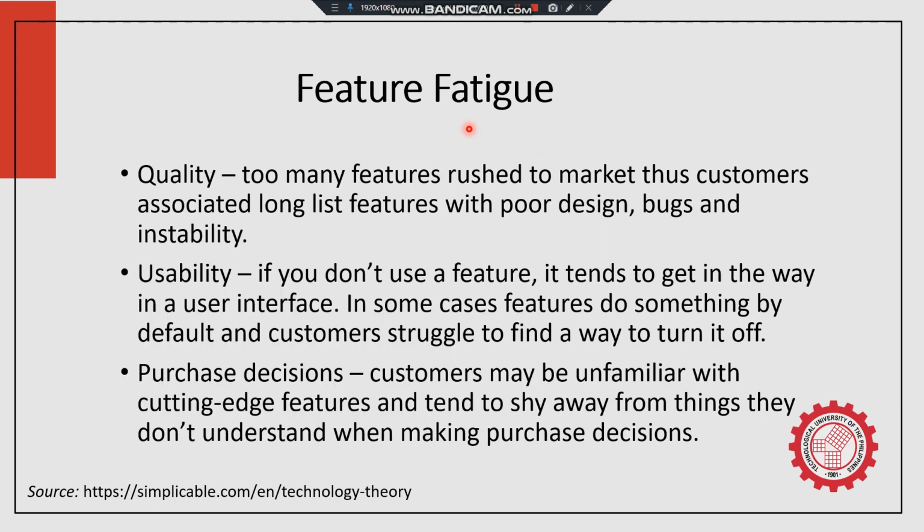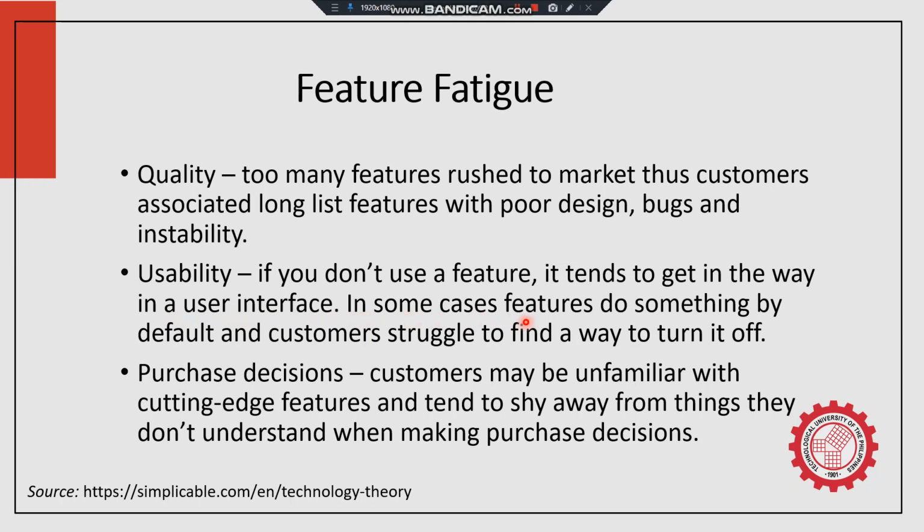So, in terms of quality, there are too many features rushed to the market. Thus, consumers associate long lists with poor design, bugs, and instability. For usability, if you don't use a feature, just like what I've said already about the iPhone, it tends to get in the way in the user interface.